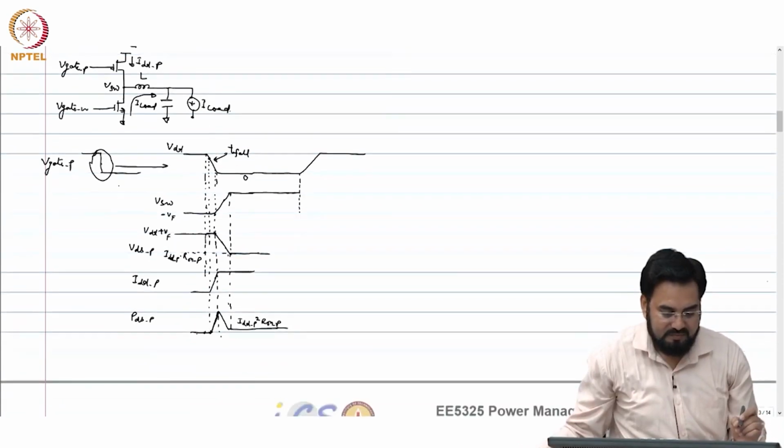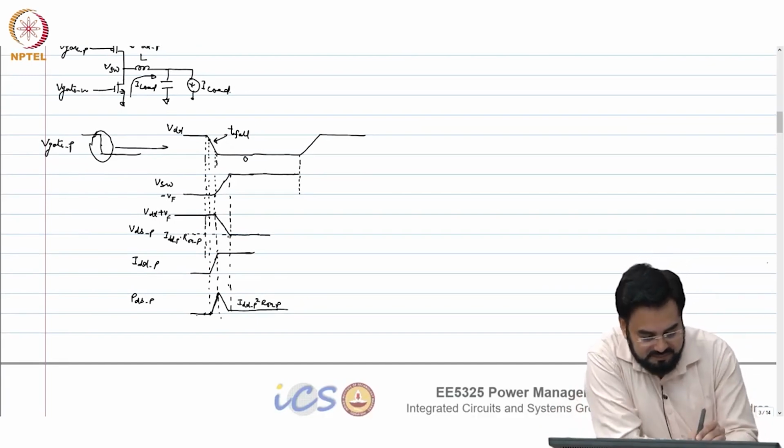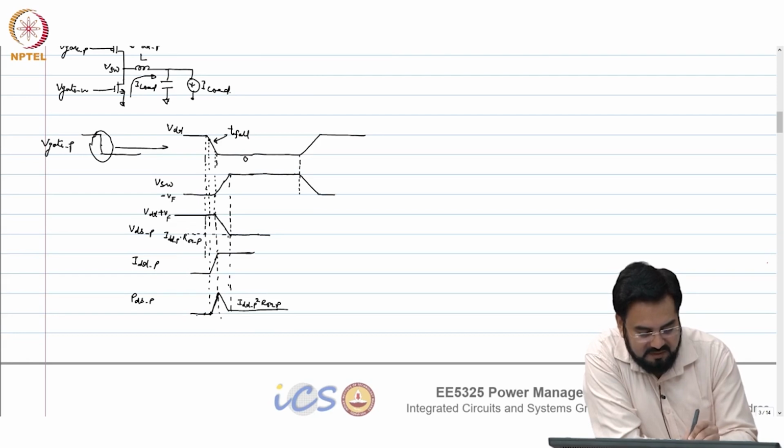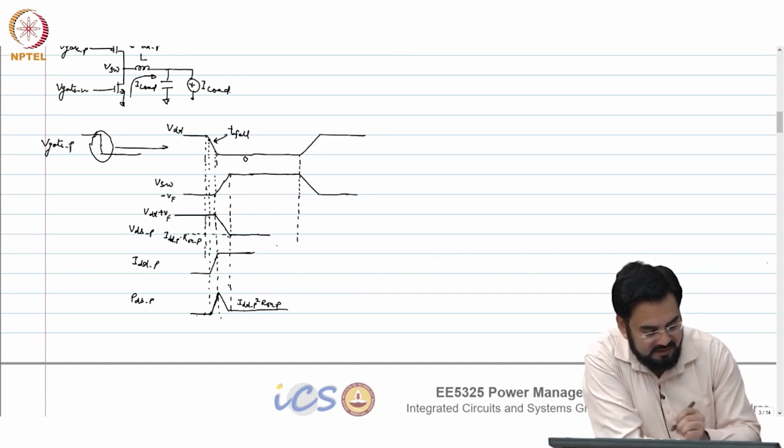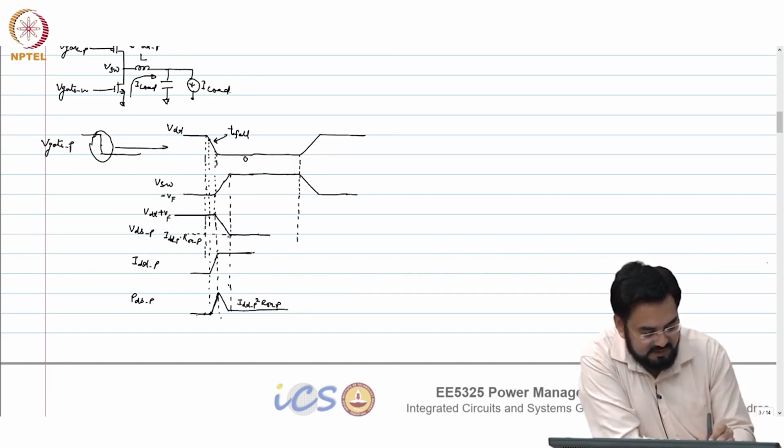So, this will start falling, but current does not. So, where was the current? Yeah.